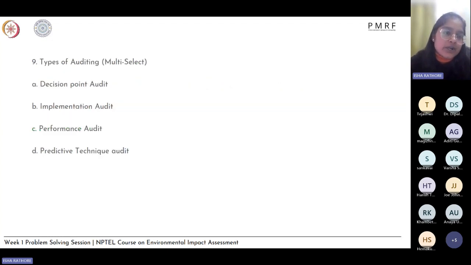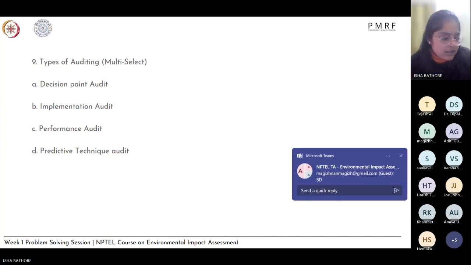Moving on, what are the different types of auditing? So this is a multi-select question. A, decision point audit, B, implementation audit, C, performance audit, and D, predictive technique audit. Okay, again, this is from a different week's content.